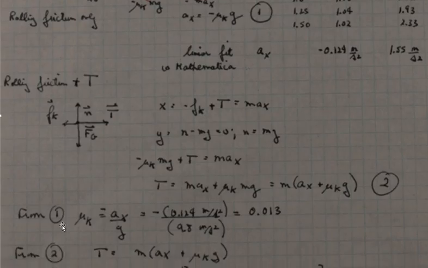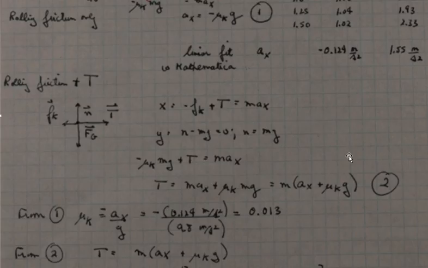We know from the first analysis that mu sub k is the ratio of 0.124 meters per second squared over 9.8. There should be another negative in here, to make this come out positive, because the acceleration is negative.